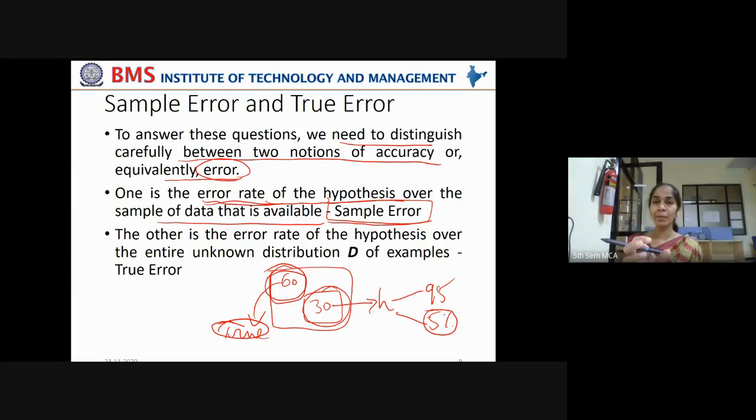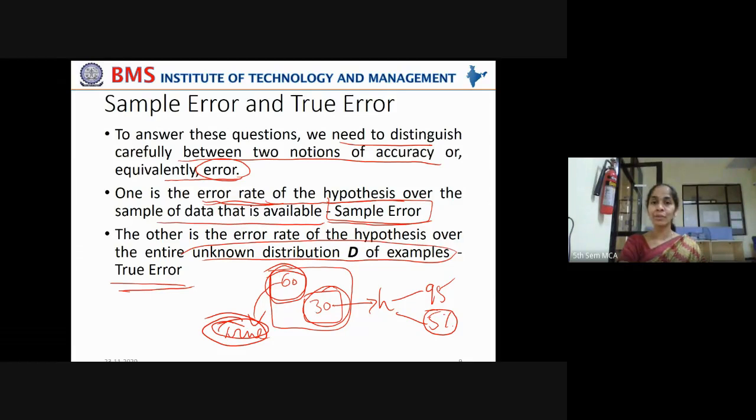Now I am testing my model with another 10,000 patients data, which is not included in the sample. Now it is giving 95% accuracy. This 5% error is called the true error. Got it? The error rate of the hypothesis over the entire unknown distribution D of examples is called true error.